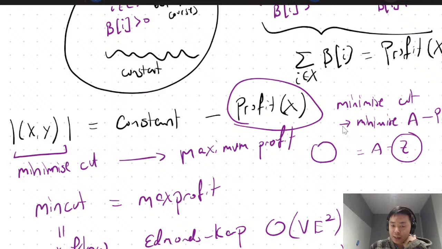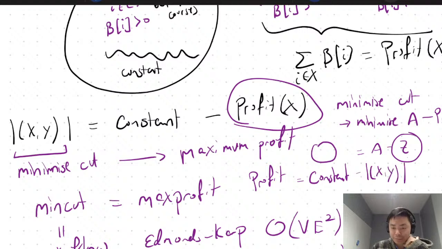So in other words, what you're doing is you are computing the minimum cut, and once you compute the minimum cut, that corresponds to your maximum profit. So profit is equal to constant minus my cut. And so if I'm minimizing the cut, then I'm maximizing my profit.